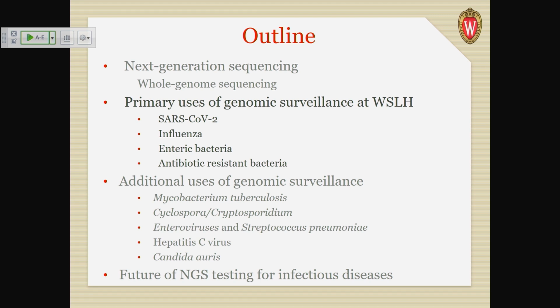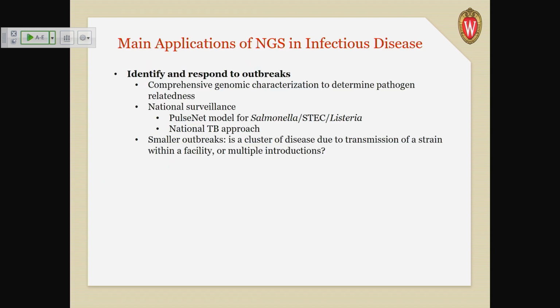So, overall uses of genomic surveillance at the state lab. First of all, just in general, I wanted to walk through a few of the different applications of next-gen sequencing in infectious disease. The main thing for us in public health is to identify and respond to outbreaks. Again, because we can do this comprehensive genomic characterization, we can say, are these things related or not? And there are a couple different things that are national surveillance. You heard Alana talk about PulseNet with Salmonella, Shiga-toxin E. coli, and Listeria.